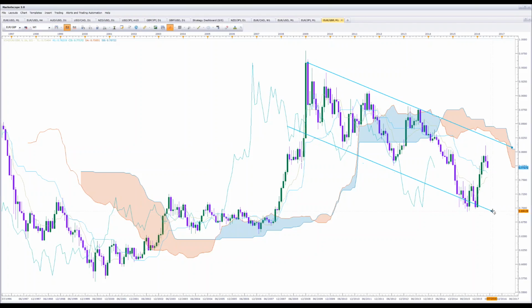So it actually went a little bit below the range. It tested below the range, right?